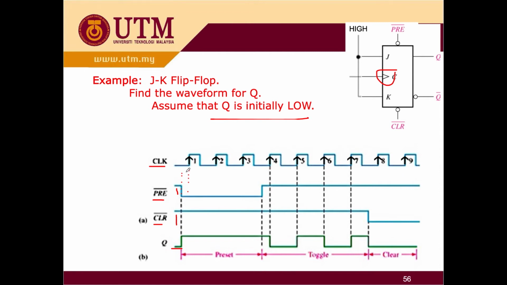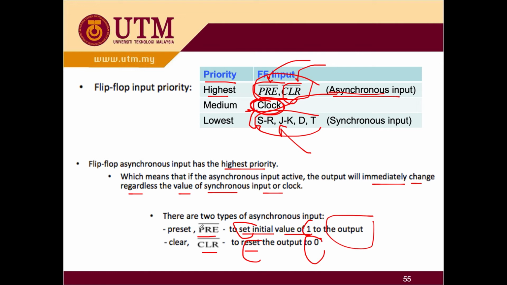Your clock over here is not yet triggered, but your inputs already trigger for your preset and also your clear. So if your reset and preset are 1 1, you will be having the preset. This is the preset, which initializes the value to 1.